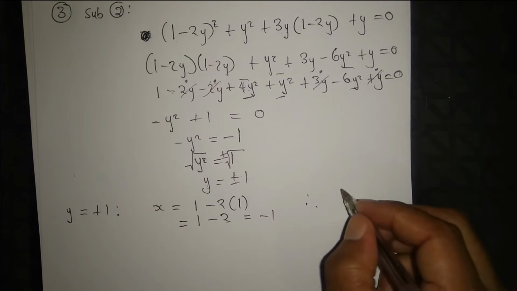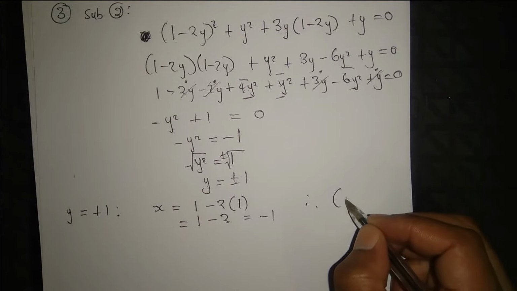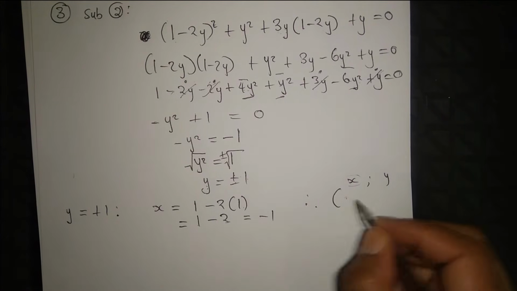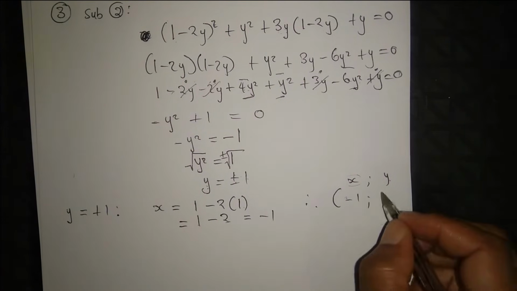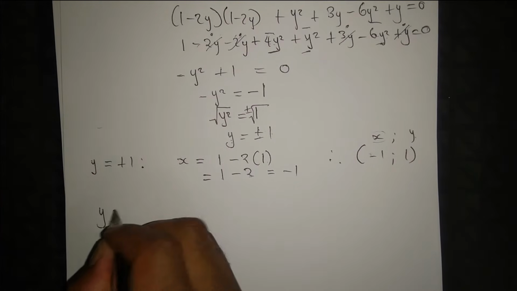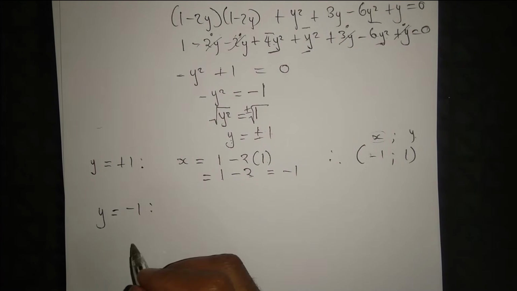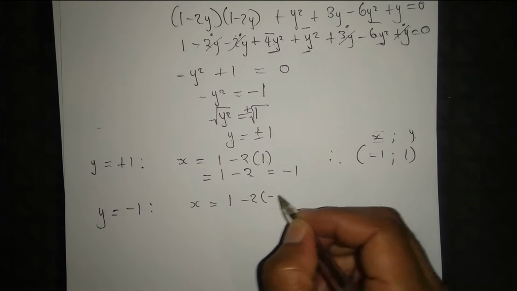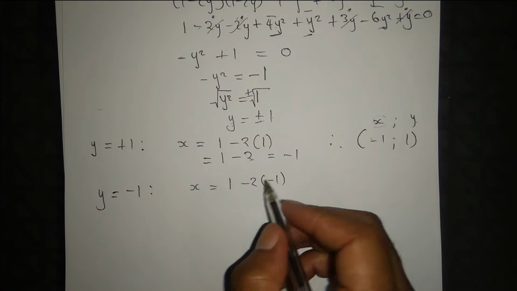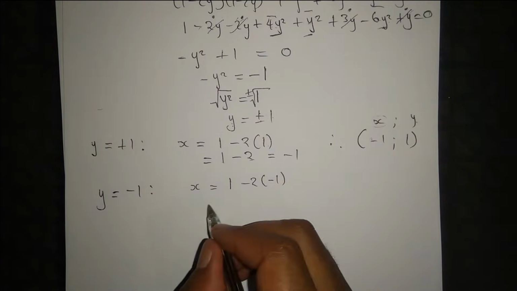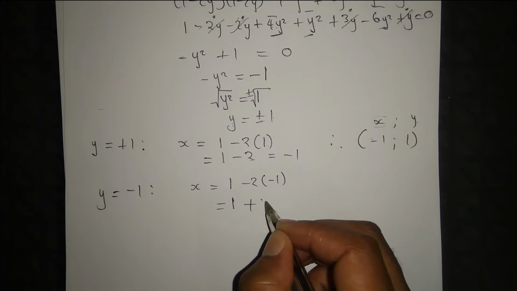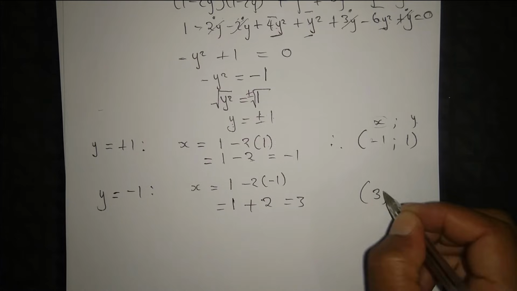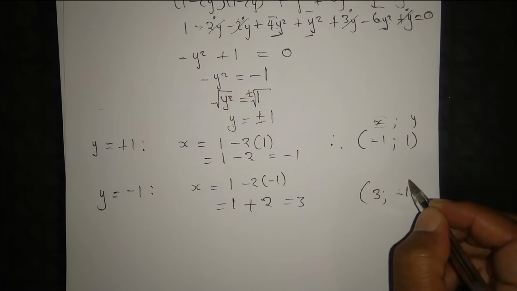So our first solution, I write as a coordinate (x, y): the x value is minus 1, the y value is positive 1. Another y value is negative 1. So x is equal to the corresponding value. Remember, substitute into equation 3. So it's 1 plus 2 is equal to 3. So it's positive 3 and minus 1.